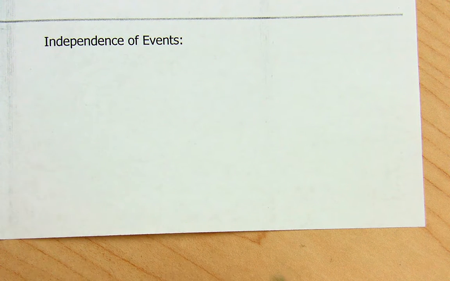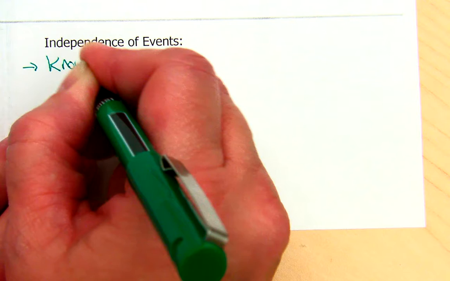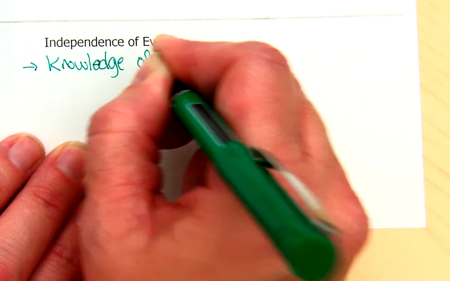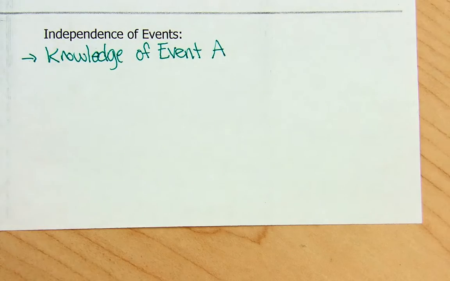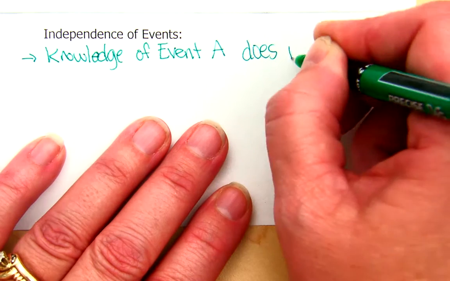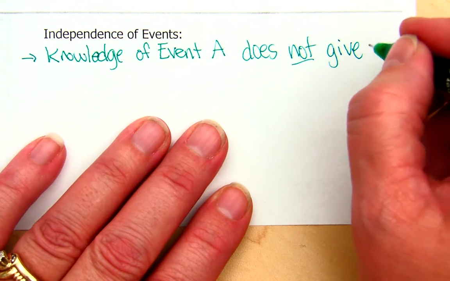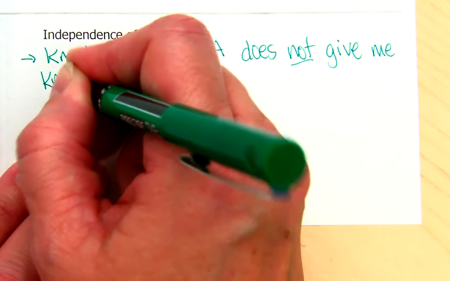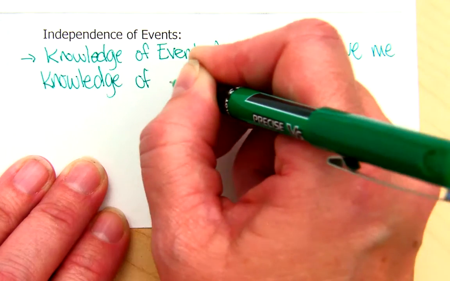So, the idea of independent says the knowledge of event A, meaning what happened, the outcome for event A, does not give me any knowledge of event B.